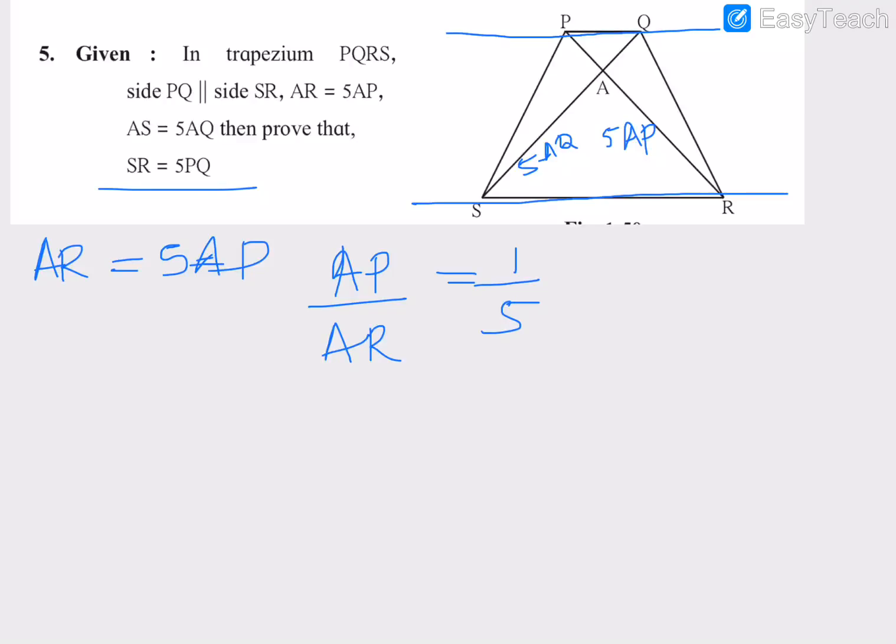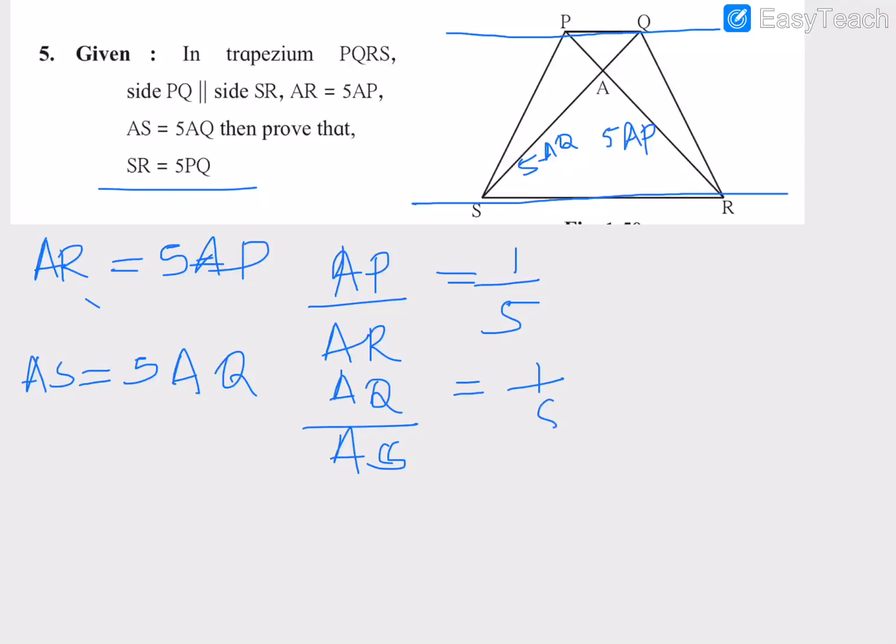From AR is equal to 5 AP, I take AR to this side so it becomes divided by, and 5 taken to this side becomes divided by 5. So AR by AP is equal to 5. Also given that AS is equal to 5 AQ, so we can write AQ by AS is equal to 1 by 5.